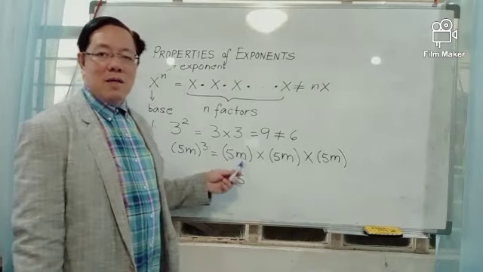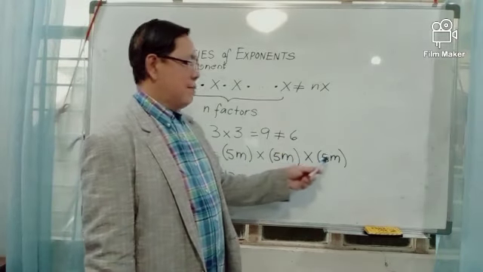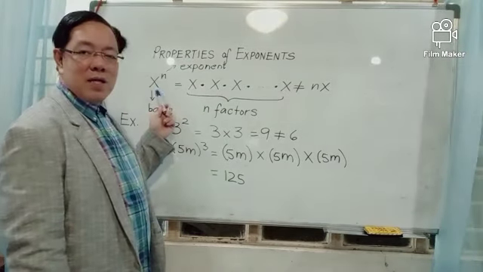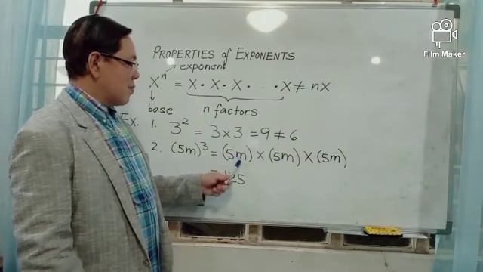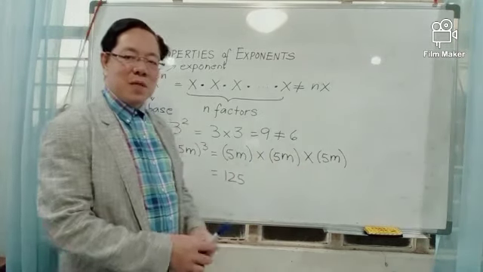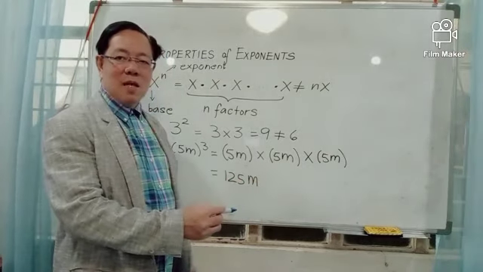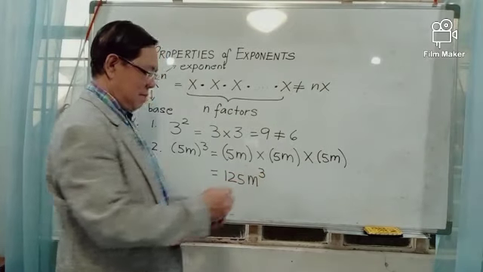Now multiply the literal coefficient m, m, m. You apply the property of exponential notation. We multiply m by itself 3 times, and it is the same as the exponential notation m to the power 3.